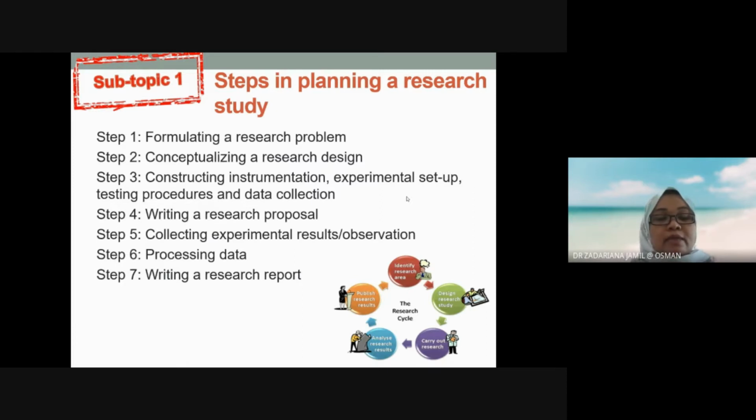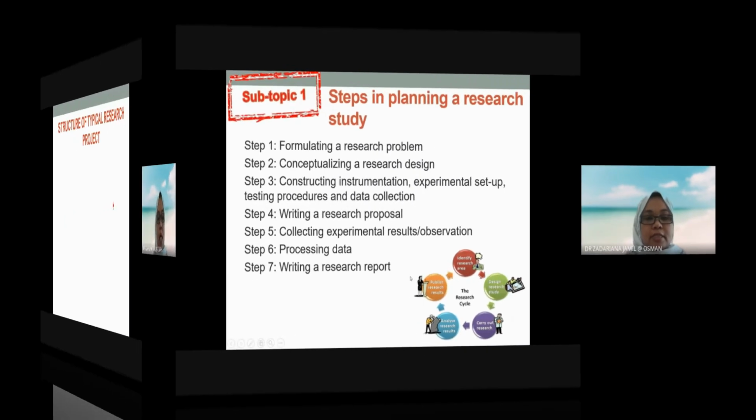So these are the forms of the report that you can write. Usually for final year students, you need to do a technical paper and also an FYP thesis. So that's the steps in planning a research study.